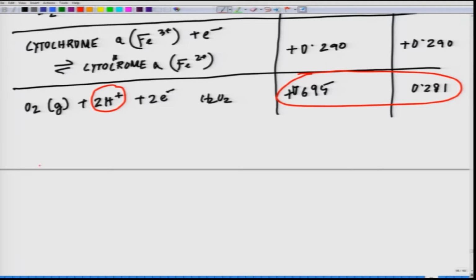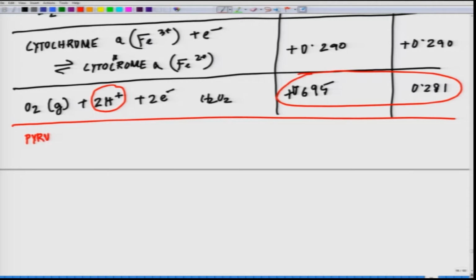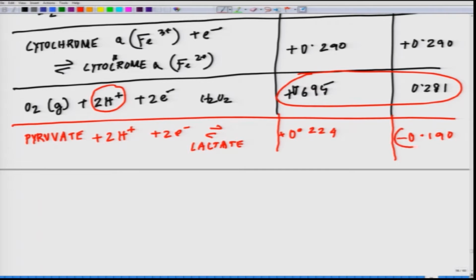Similarly, let us take another example, pyruvate to lactate. Pyruvate plus 2H plus 2 electrons makes lactate. Under standard reduction potential it is plus 0.224, whereas if you use the E0 prime value, it will be negative.